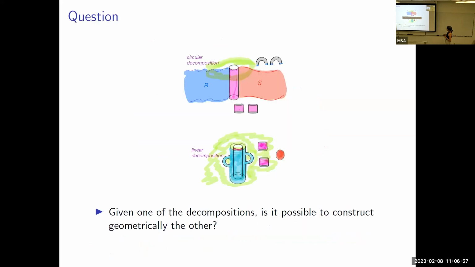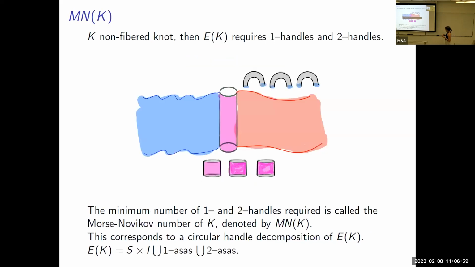So then I think that in 2010 he proved the inequality I mentioned, that the Morse number is bounded by twice the Tonnen number of the knot. What he did was give a linear Morse function realizing the Tonnen number of the knot.